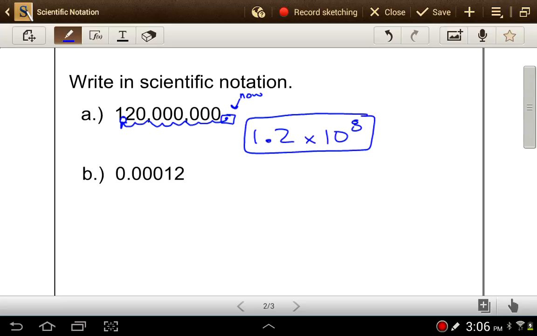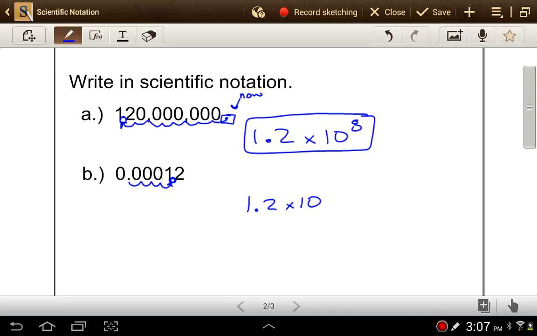For B, I want my decimal point again between the 1 and the 2. This time I'm going to count 1, 2, 3, 4. Since my number is very small to begin with, when I write 1.2 times 10, I want my exponent to be negative, because a negative exponent puts my power of 10 in the denominator, which is dividing by that number, making it smaller.